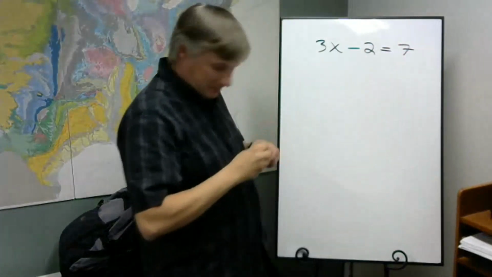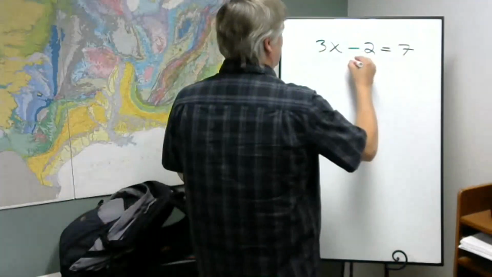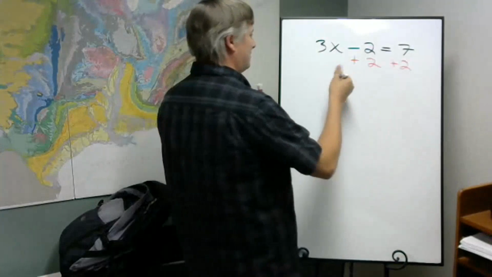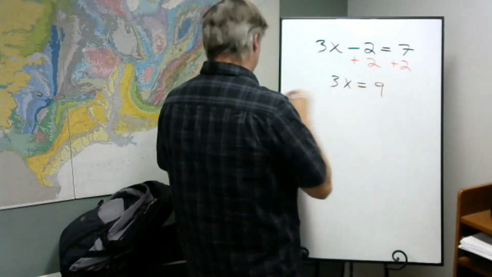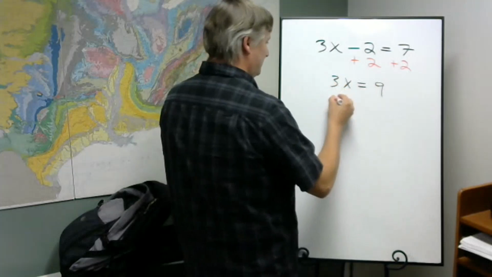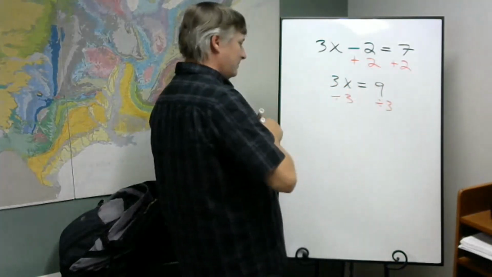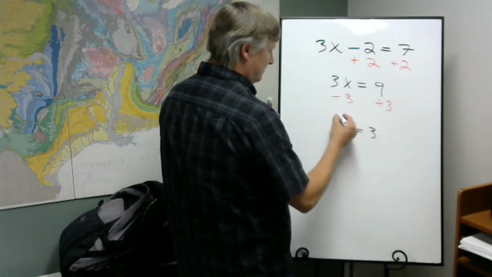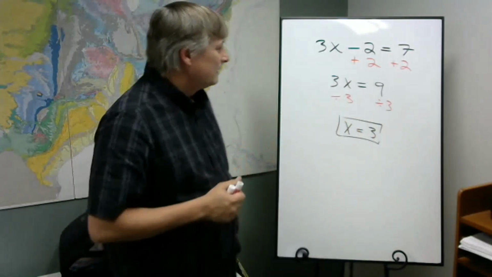And then what we would do, add 2 to both sides. And so we find out that x is equal to 3.